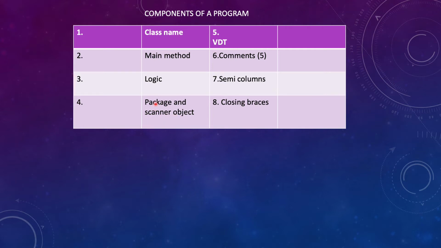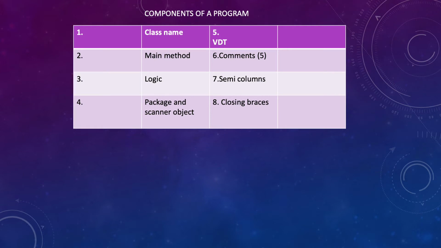Generally we use the import package and we need to create the scanner object, then the VDT, variable description table, the comments, at least 5 have to be present, then the semicolons after every statement and the closing brace. So this is the basic structure of any program which I have just summarized.